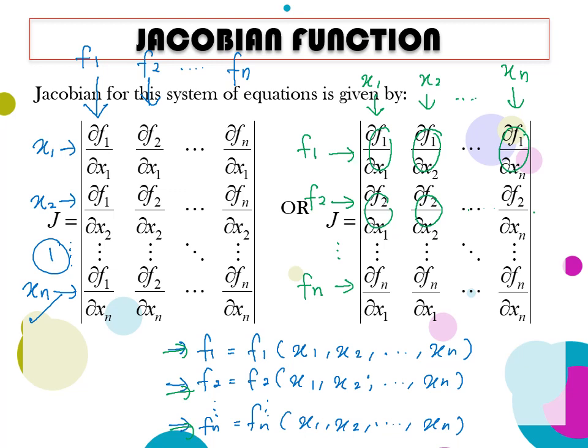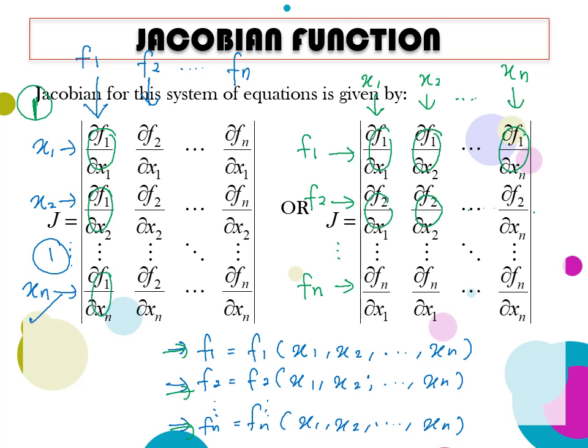So you see the difference between these two? The first one, you treated your function in column. So column 1 for the f1 function first, differentiate partially with respect to x1, put it here. And then partially differentiate with respect to the second variable, put it at the bottom, and continue until the last one.